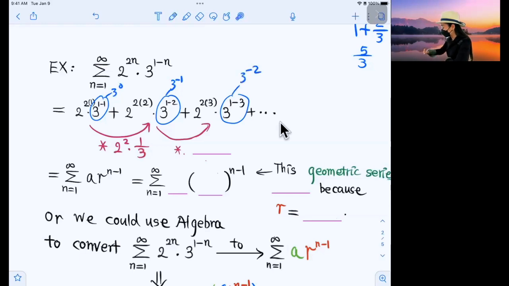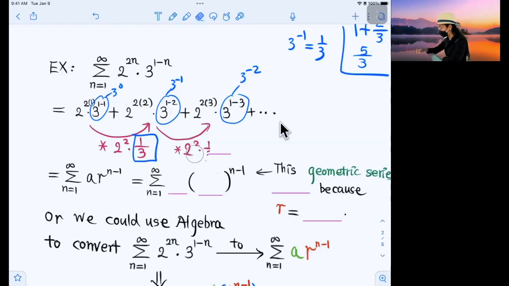Every time you multiply by 3 to the negative 1 power, which is the same as 1/3. So you keep on multiplying by 1/3.